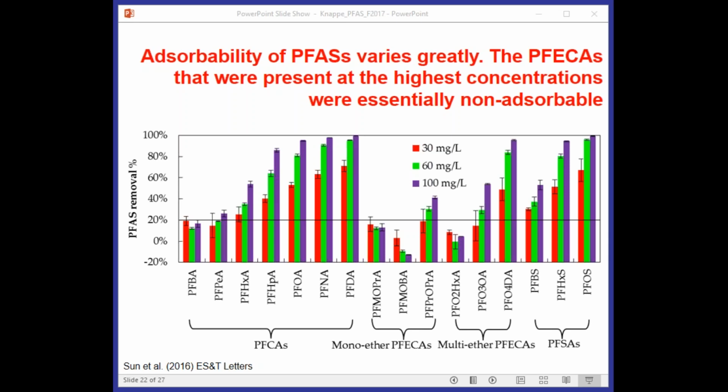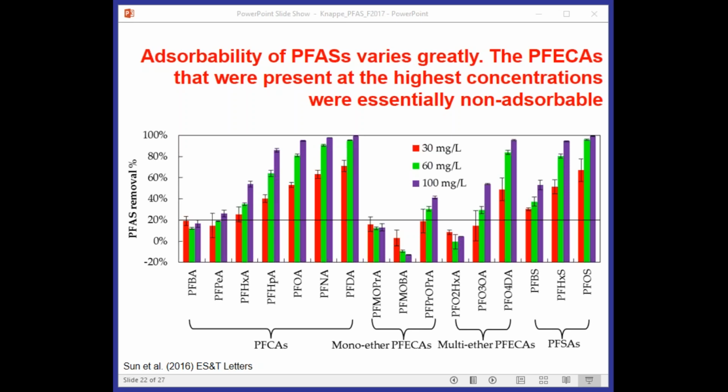And then we have the multi-ether carboxylic acids. And then on the very right, the sulfonic acids. Within each group, the compounds are ordered from left being the shortest chain to right being the longest chain. And so you can see that our ability to remove these compounds by activated carbon increases as chain length increases.